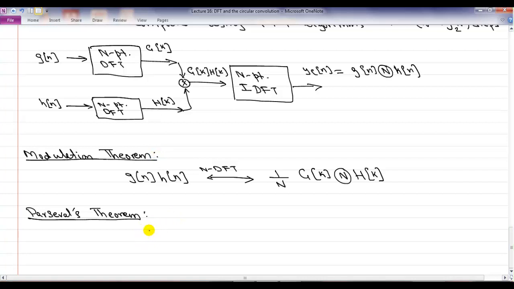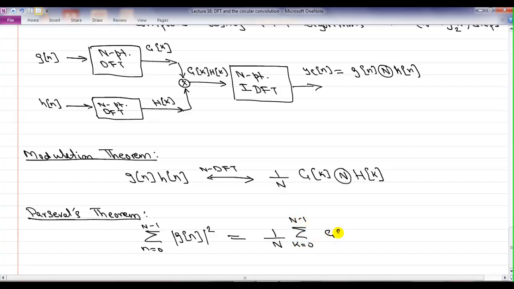What this theorem says is that if you compute the energy of a finite length sequence in time, which is given by the summation n from 0 to N minus 1 of |g[n]| squared, then that is equal to the energy in your frequency domain or in your DFT domain scaled by 1 over N. So you have 1 over N summation k equal to 0 to N minus 1 of |G[k]| squared.